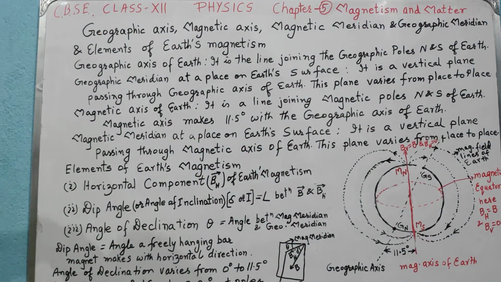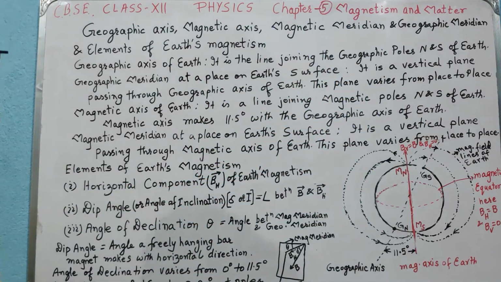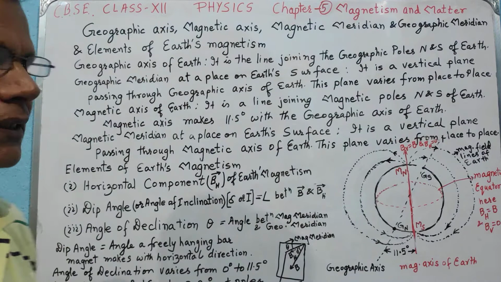The first term is the geographic axis of earth. It is the line joining the geographic poles of earth. You know that the geographic axis of earth is different from the magnetic axis of earth.